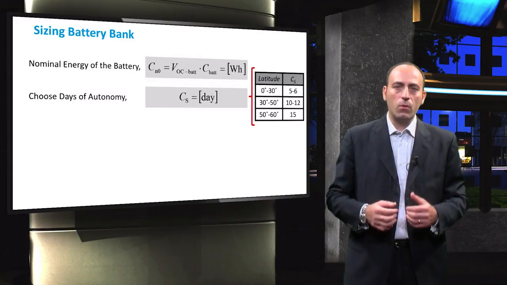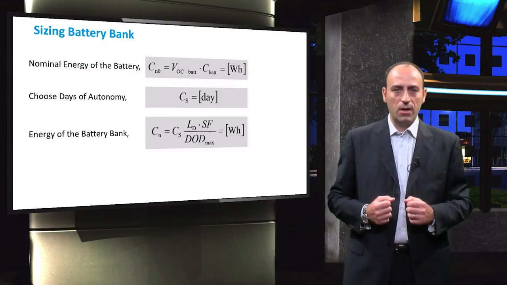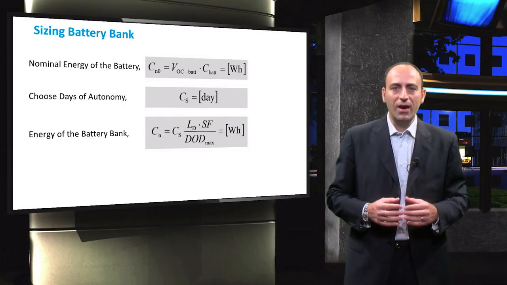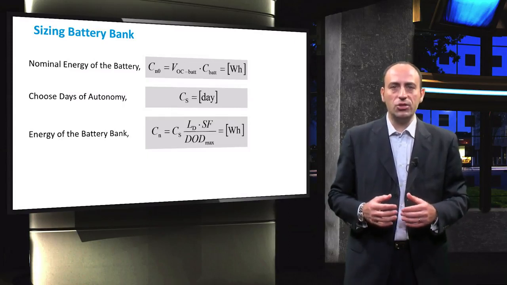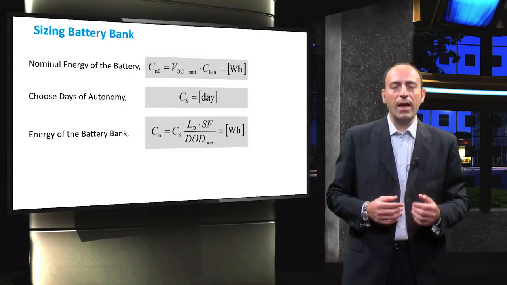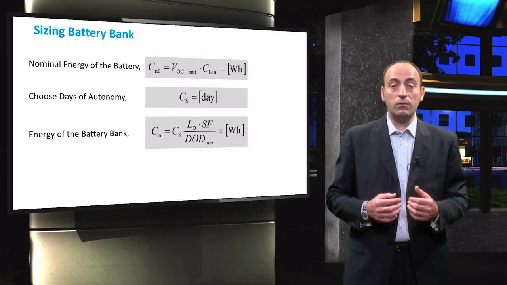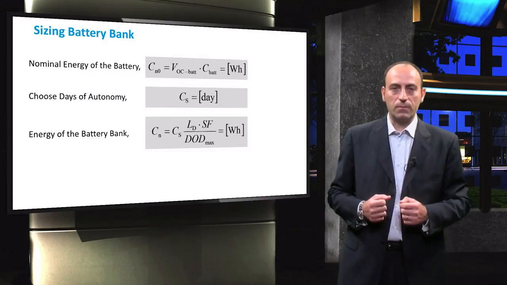Next, the required total energy of the battery bank, CN, is determined. It is calculated by dividing the product of daily energy demand of the loads, chosen autonomous days, and a sizing factor SF with a maximum depth of discharge, DOD max.